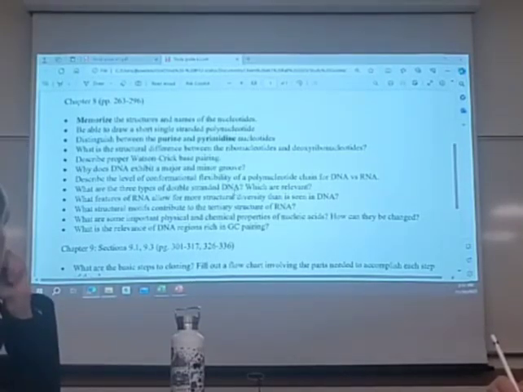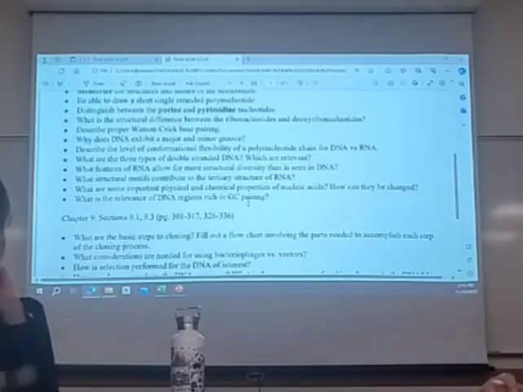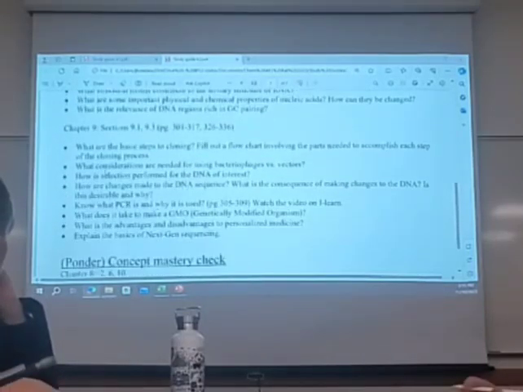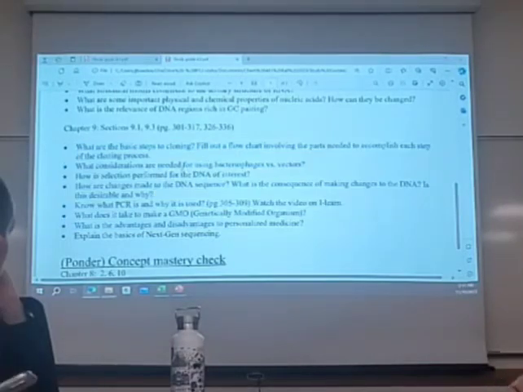Three types of double-stranded DNA, features of RNA that allow more structural diversity, and you already know all of these structural motifs that contribute to the tertiary structure. Important physical chemical properties, relevance of DNA GC pairing for temperature, stability, etc. So this one is all about cloning, bacterial phages versus vectors, selection of DNA of interest, Sanger chain-termination DNA sequencing.